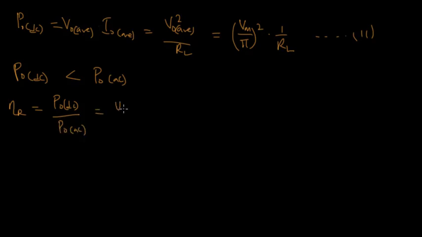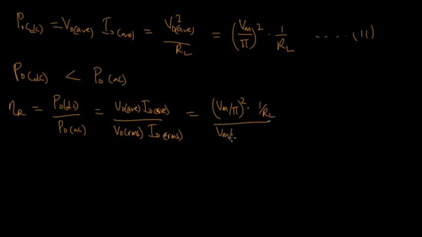That is V out average times I out average divided by V out root mean square times I out root mean square. So that gives us Vm over pi all squared times 1 over RL all over Vm over 2 all squared times 1 over RL. That gives us 4 over pi squared, which is equal to 40.5%. We call this equation 12.